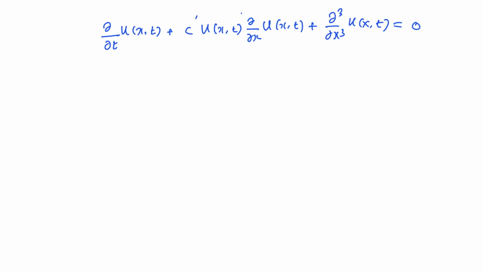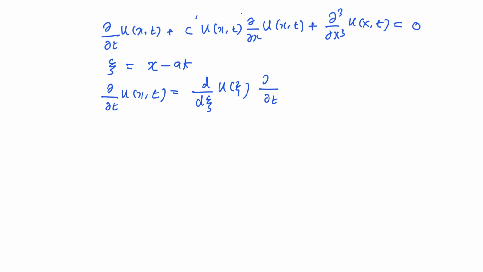And since I have assumed that psi is x minus at, we can use the chain rule: partial t of u(x,t) is d psi over partial t times du over d psi, right?